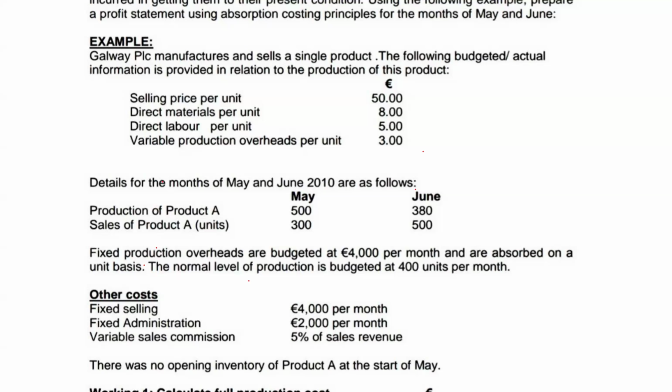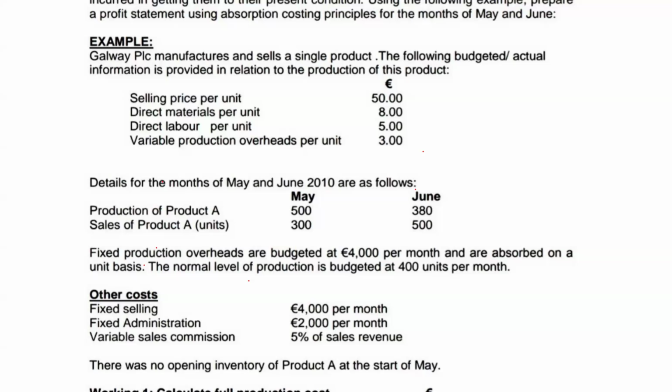In practice, there is usually a deviation between the actual amount and the budgeted amount. It's rare that you'll have the exact budgeted amount as the actual amount you spend. So the difference between these two is what you call under absorption or over absorption.